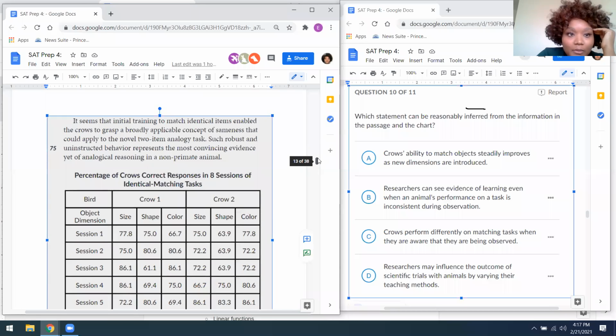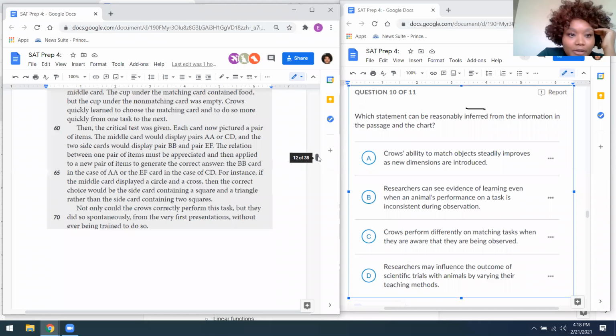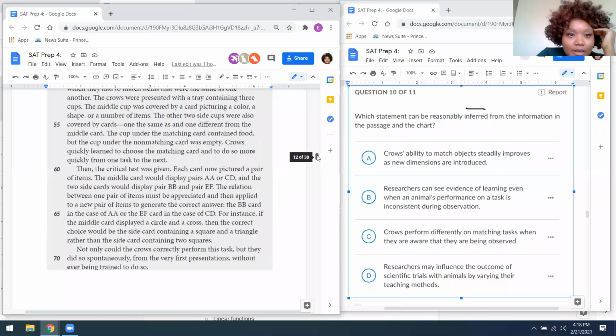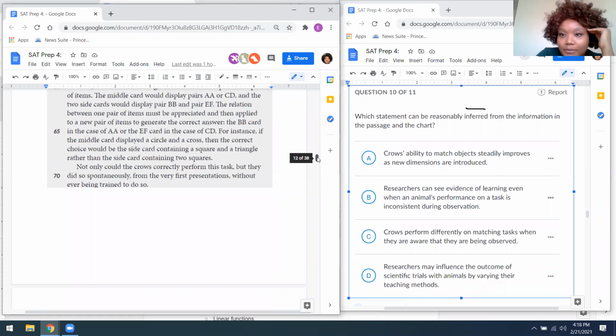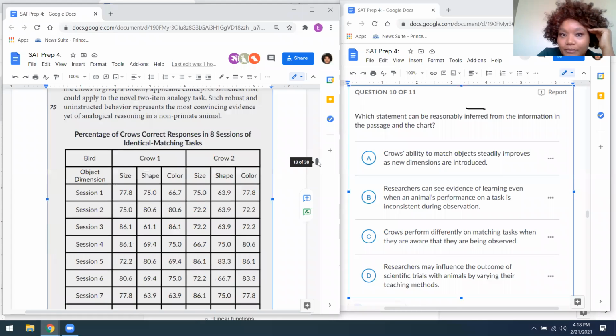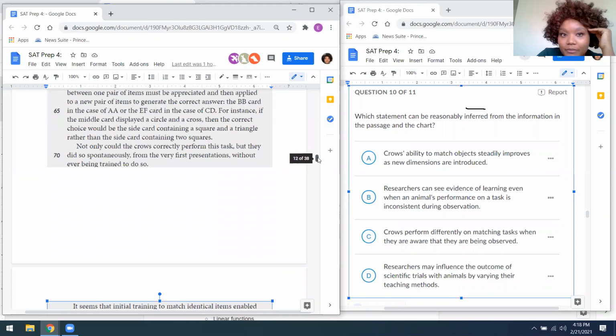But we know that they still learned, because it said in different parts of the passage that they had still learned the new task without being trained to do so.